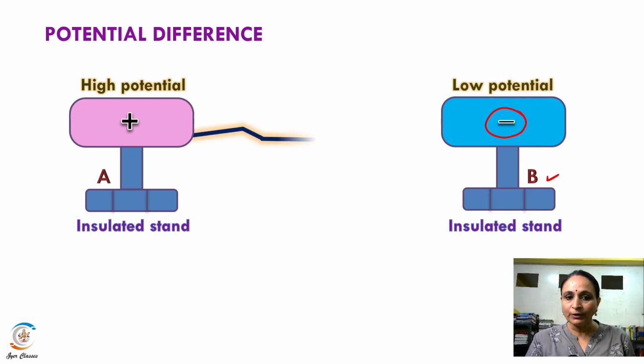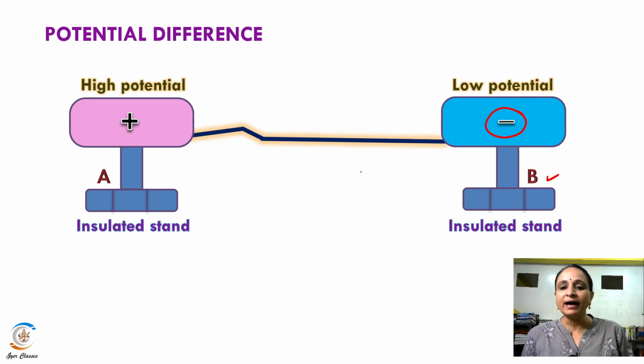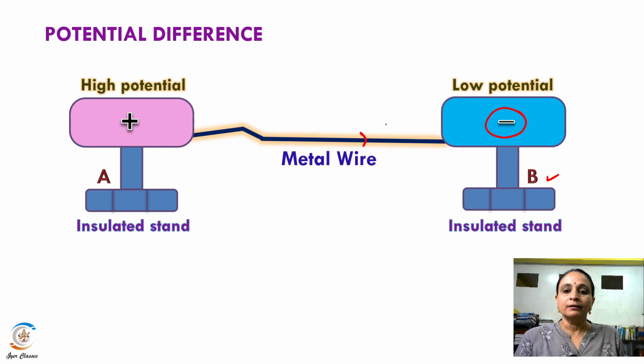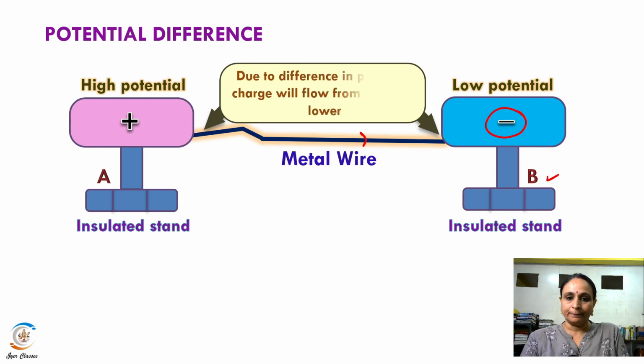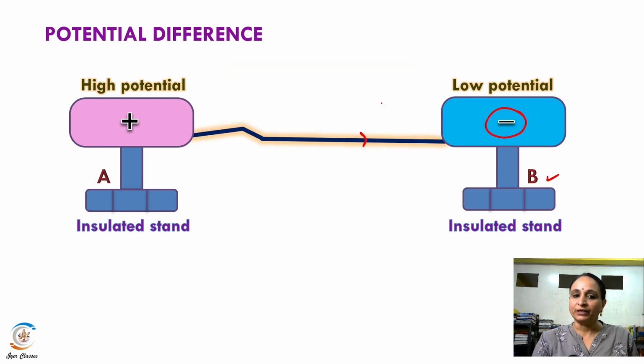This is at the lower potential. If you connect them by some means, some wire, the current will start flowing due to the potential difference. The charge will flow from higher potential to the lower potential.